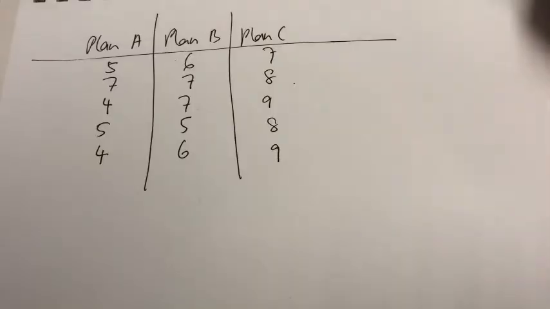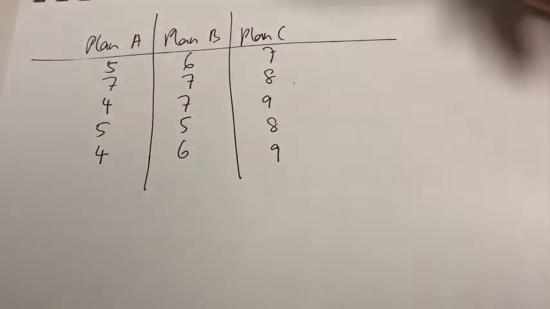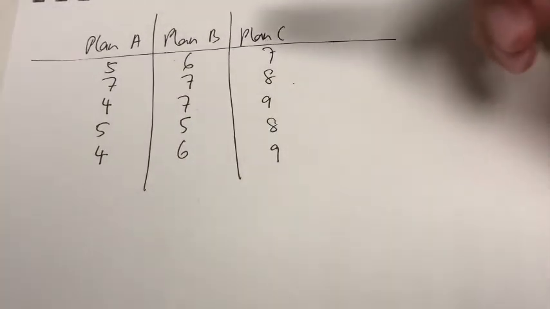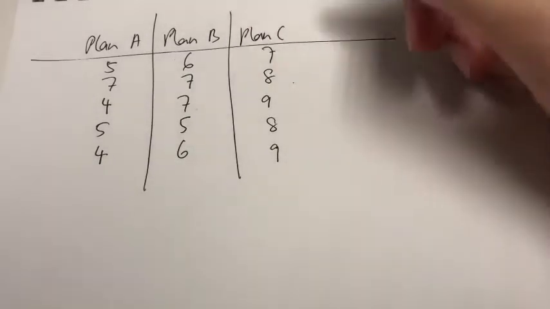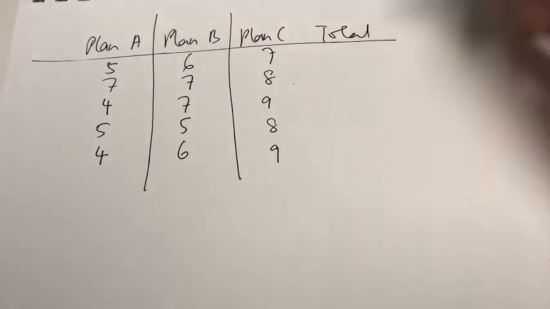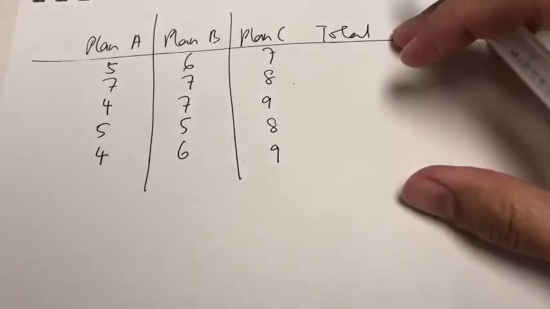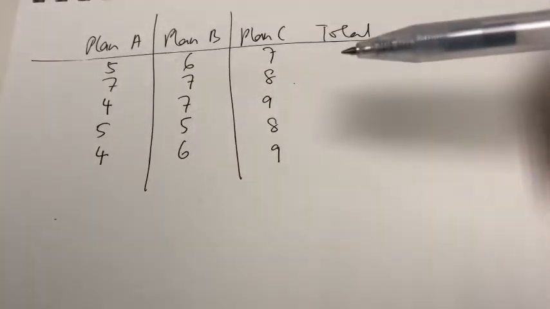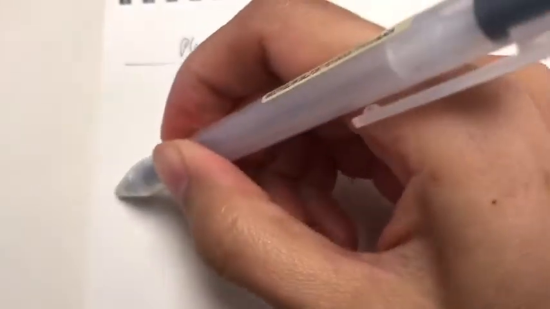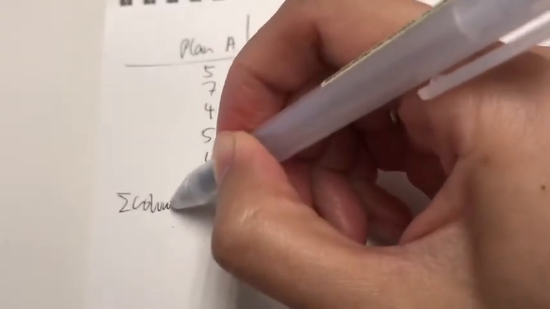Alright guys, what you need to do first is copy back the table from the question. Once you have this, we are going to create another column called total, which we will use later. From here, we need to find the sum of each of these columns individually, so we put here the sum of the column.